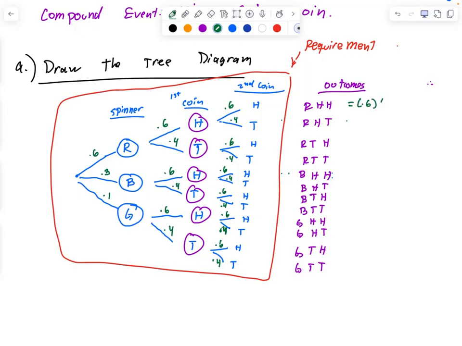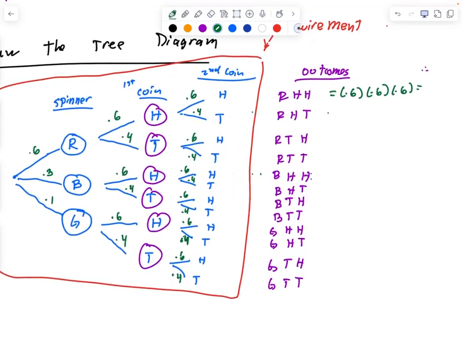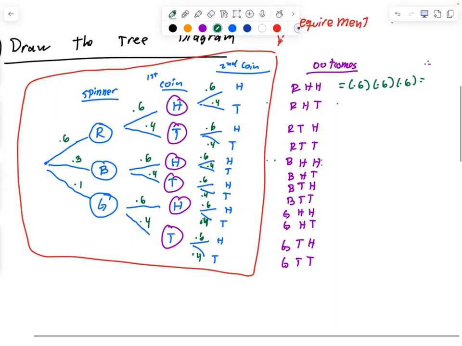Now let's do this one right here: blue, heads, tails. So that's 0.3 times 0.6 times 0.4, which gives 0.072.